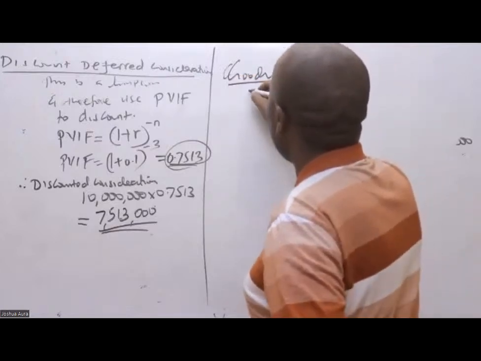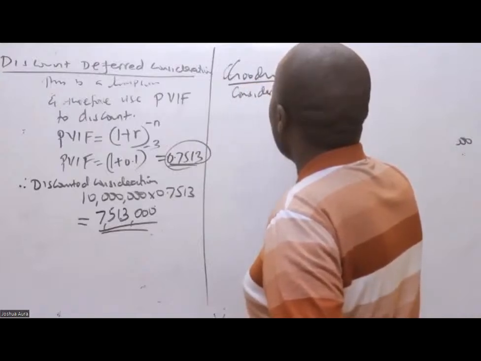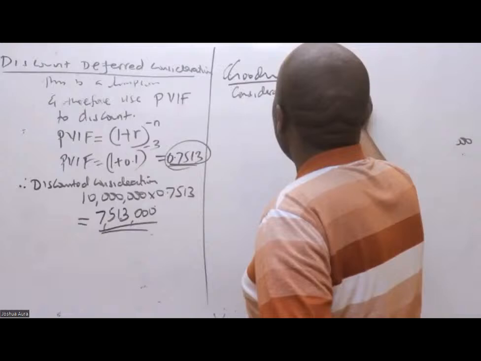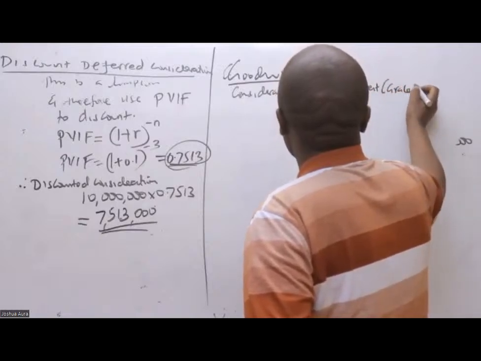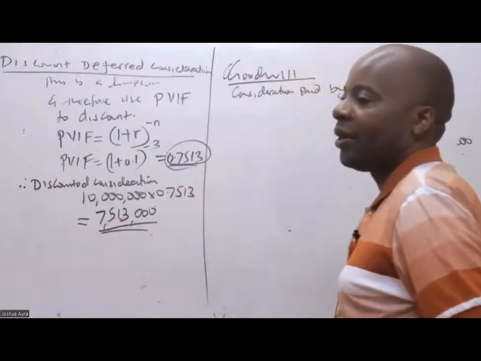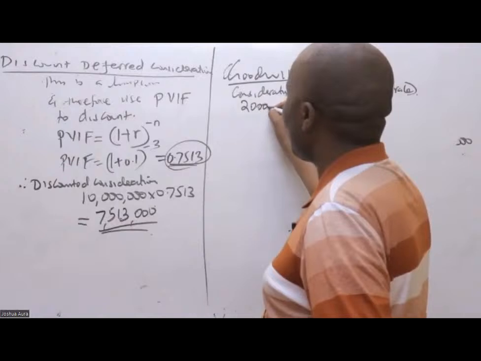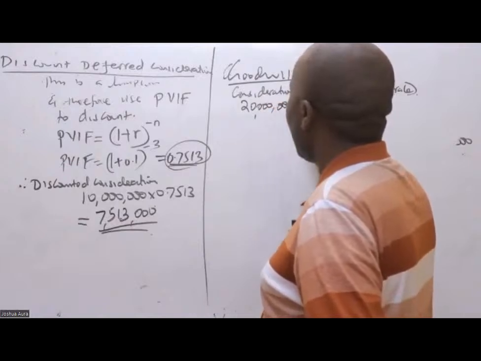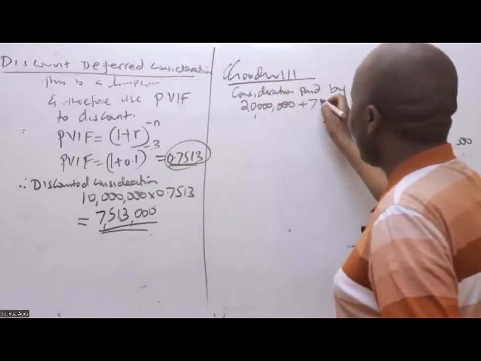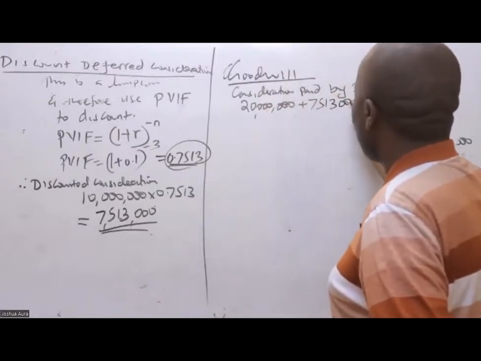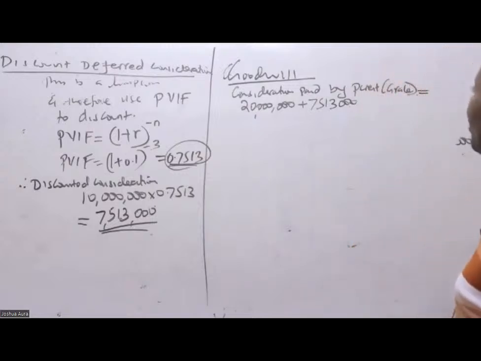Then I will have here the consideration paid by the parent, who is Grace. So remember, Grace made an immediate consideration of 20 million, and then now we have this deferred consideration of 7,513,000. So can somebody give me this figure? This figure here will be 27,513,000.